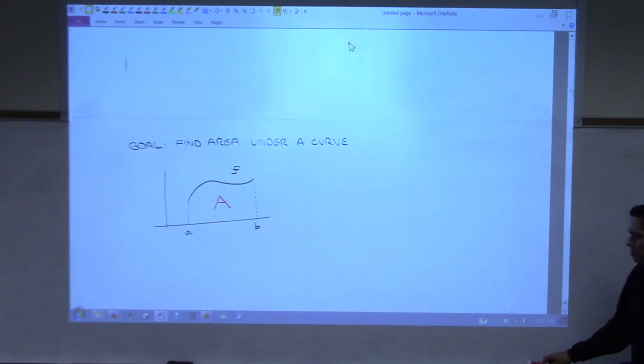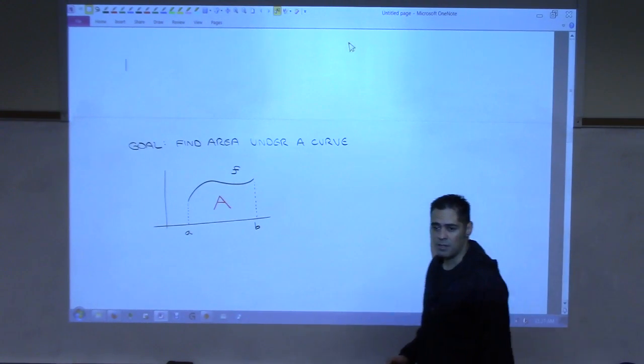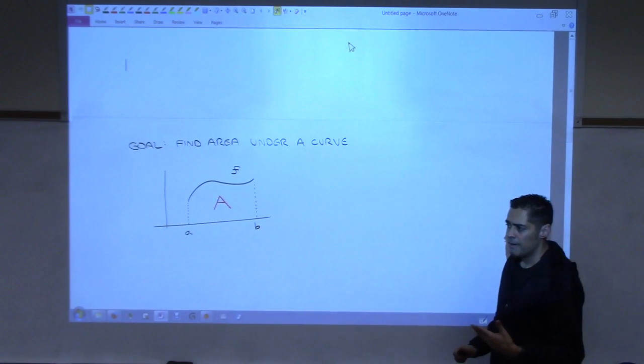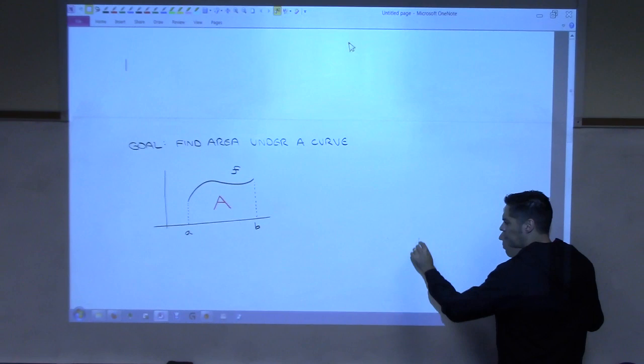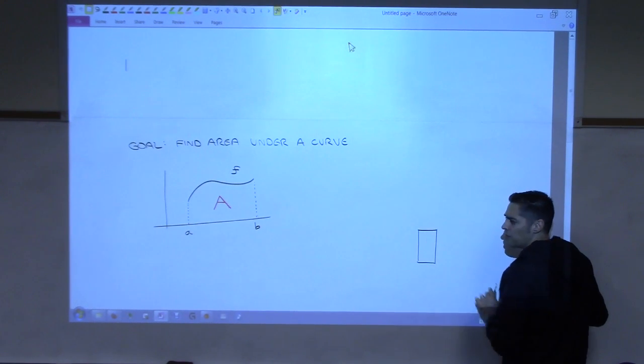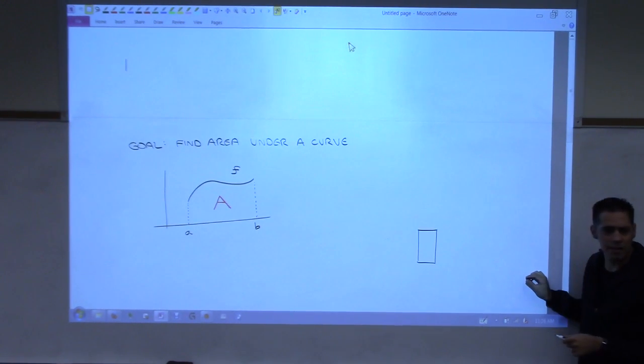Now, the reason why we would want to do something like this is if you think back in history, when we were trying to find areas of things, especially when it comes to agriculture, and this is my land, that's your land, how much land do I have versus how much you have? The shapes that they have were never perfect shapes. We could find areas of rectangles very easily, length times width, we all agreed on that.